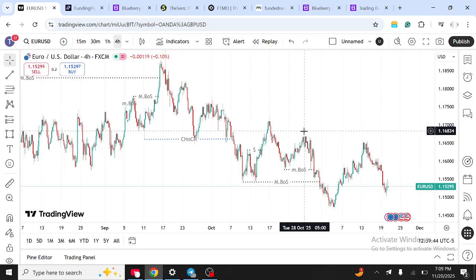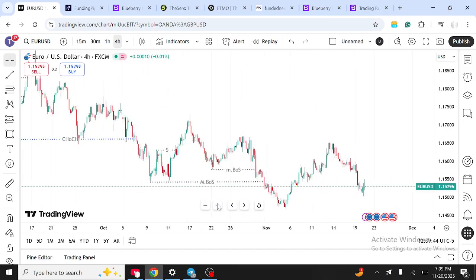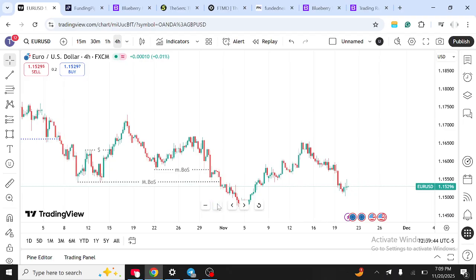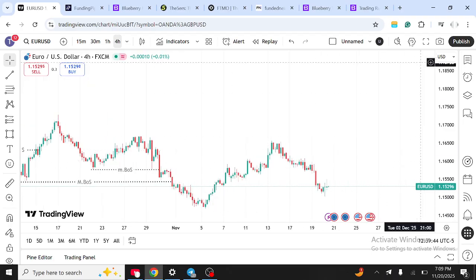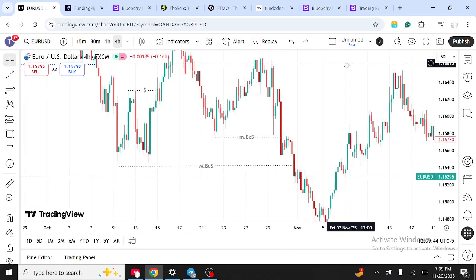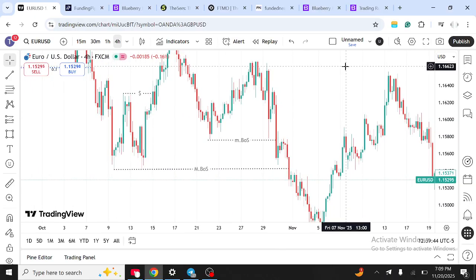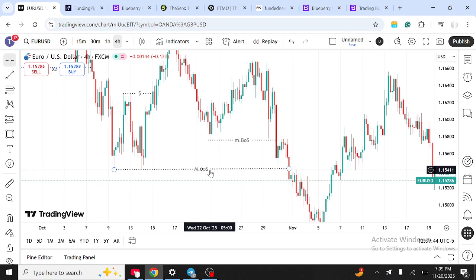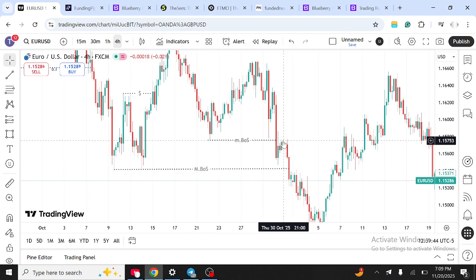All right. Now, where is our high? Remember that our entry is after the swing low has been taken out, or it can be either swing low or swing high, depending on the trend of the market. It is a recent high that is nearer to the major break of structure. This is a high.